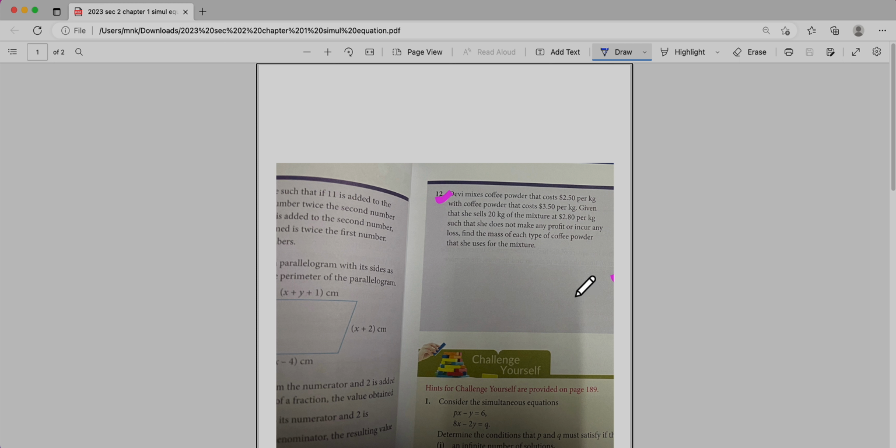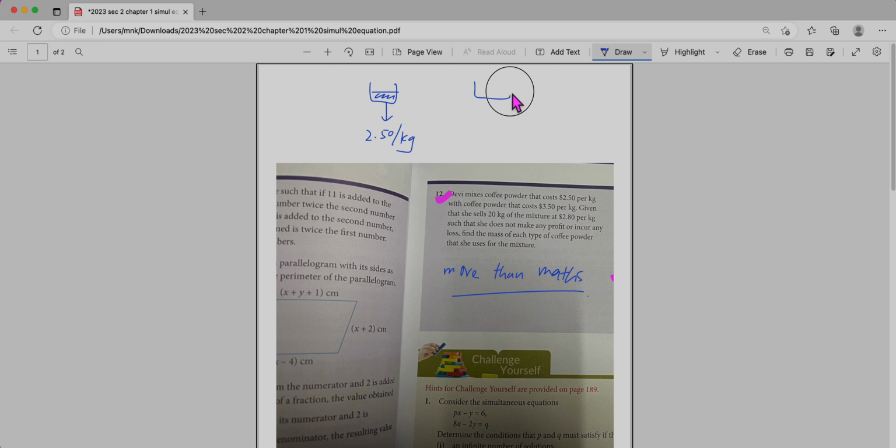This question is more than mathematics. You have to understand what is going on here. You have this $2.50 per kilogram coffee powder.